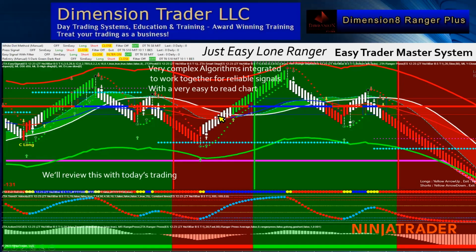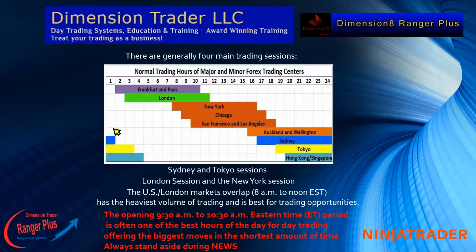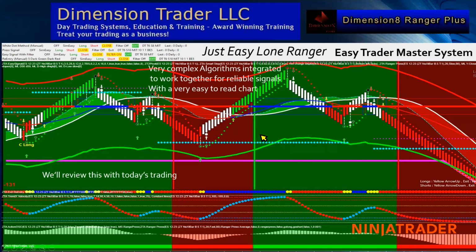So when the Lone Ranger gets to a position where this is green and this pulls back and the price stays above these lines right here, and then you get a blue dot. Well, this is not a signal there, but what you're looking for is for this to come down and for a blue dot to occur before it gets down to this area here and turns up.